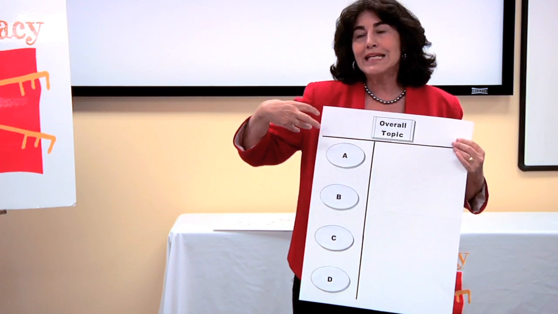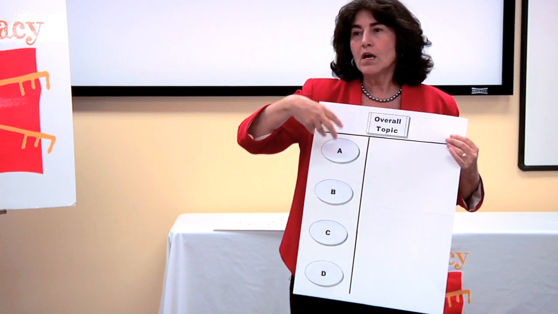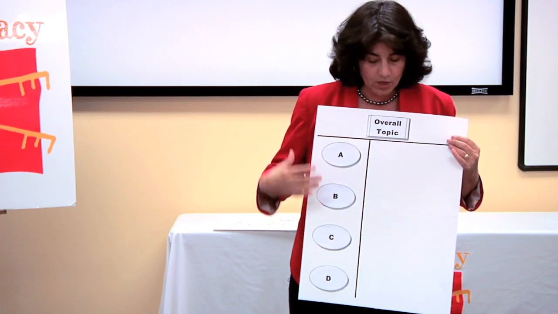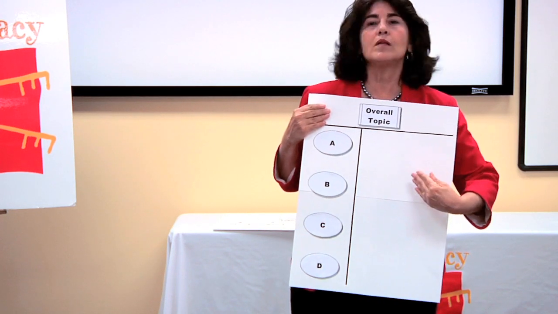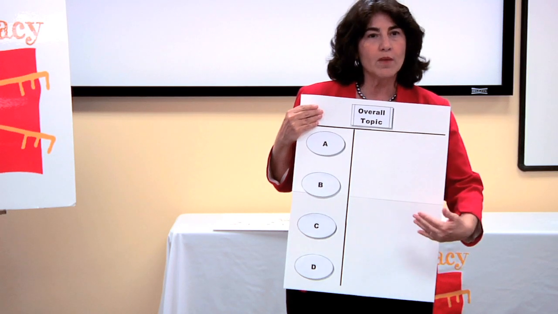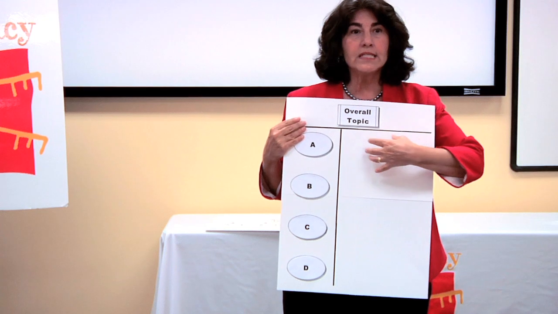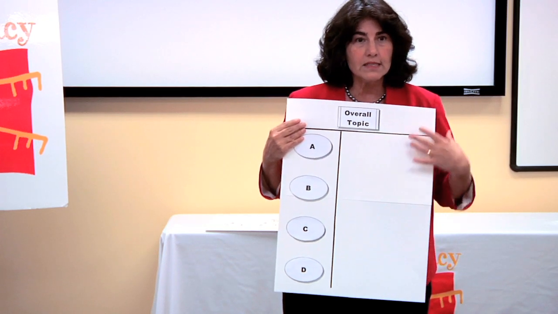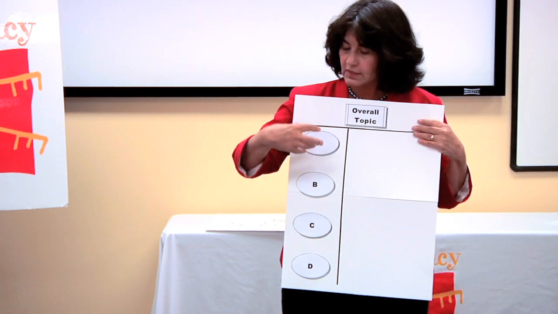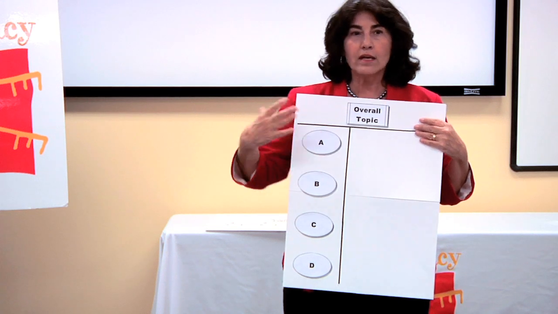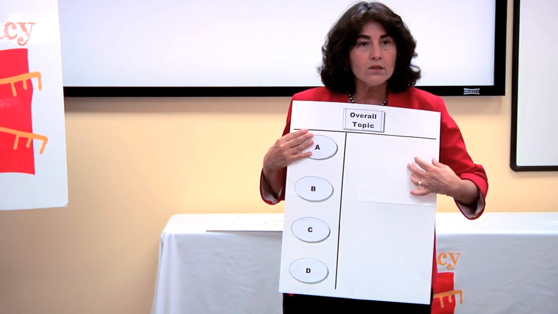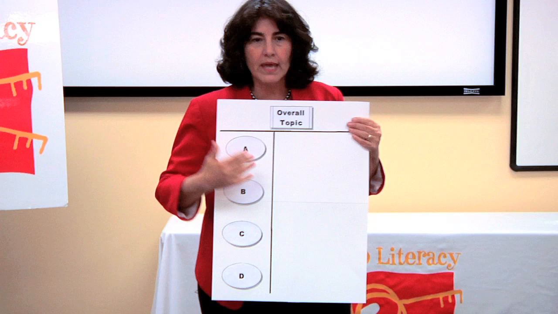This is where our main ideas, our big ideas, our larger topics are going to go. And over in the right column, this is where the subordinate information goes. So if this is a paragraph main idea, these are the details from the sentences. If this is categorizing, this is the topic of the category, and then these are the items that are in the category. So that's the format.